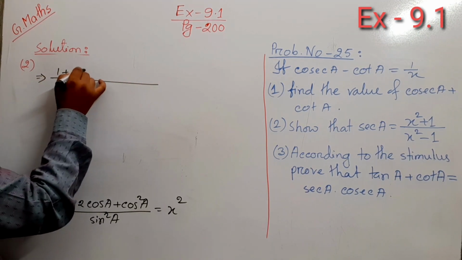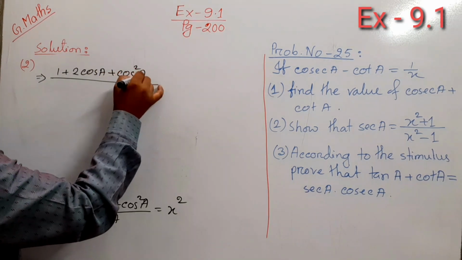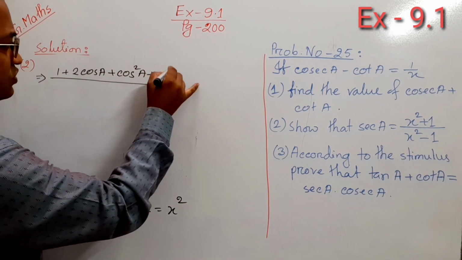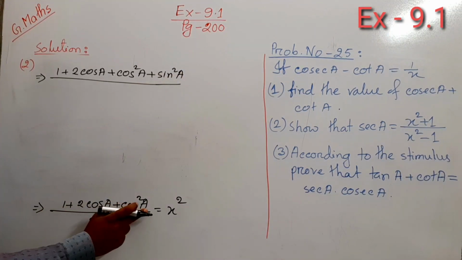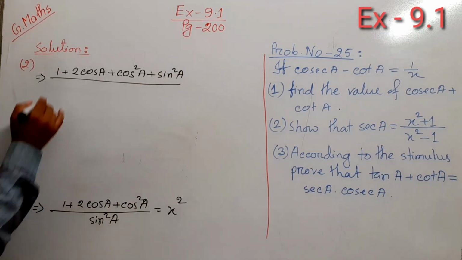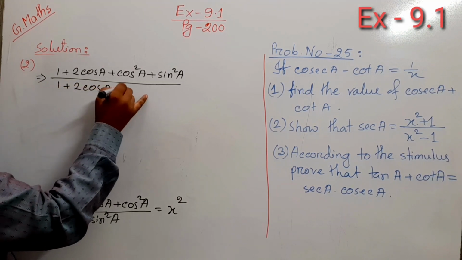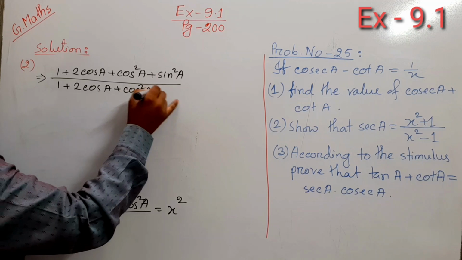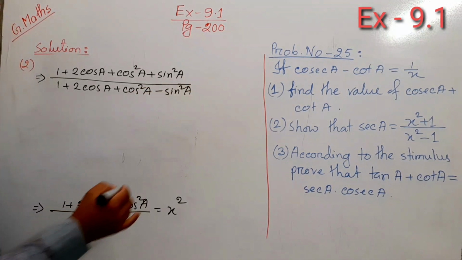So if we take componendo dividendo, it becomes like this: 1 plus 2 cos A plus cos square A plus sin square A, over 1 plus 2 cos A plus cos square A minus sin square A. Componendo and dividendo.